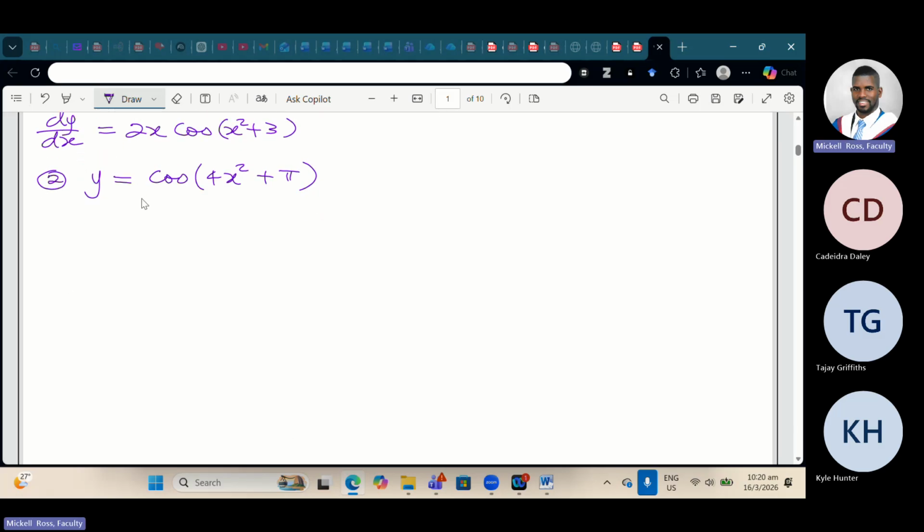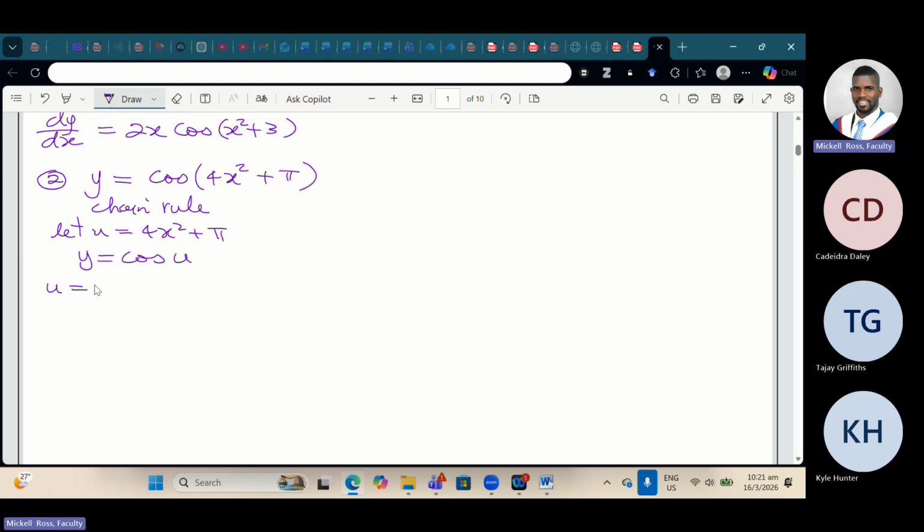So just for emphasis again, we're going to use the chain rule. Let u equal 4x squared plus pi. If we change all of this to u, then the new equation is y is equal to cos of u, because u was used to replace 4x squared plus pi.